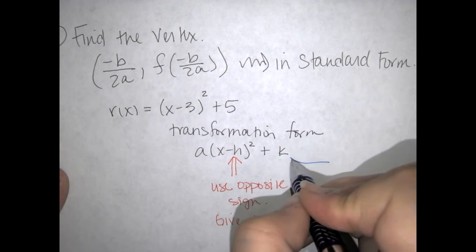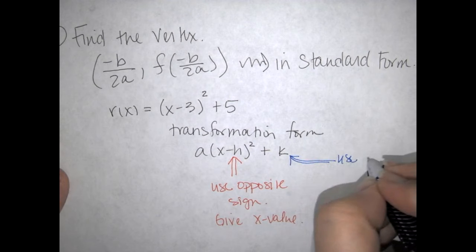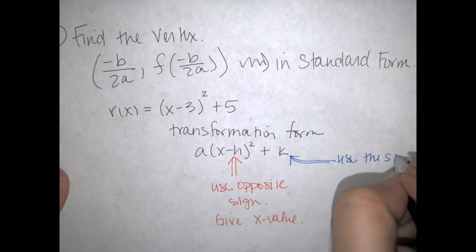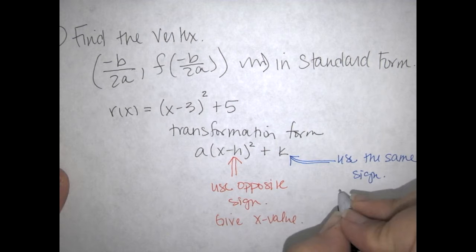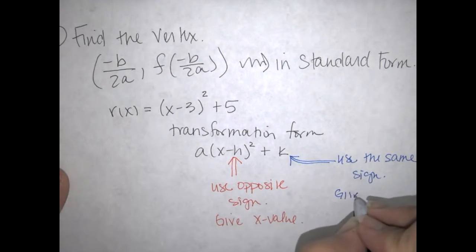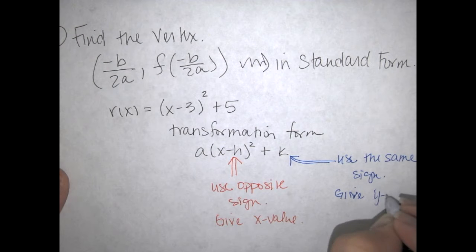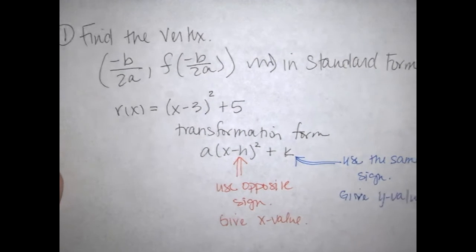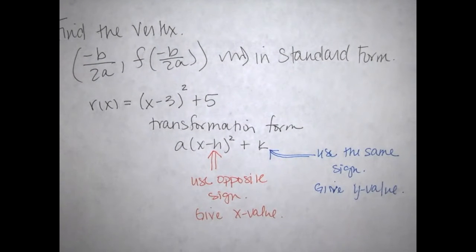Furthermore, this k part here, we are going to use the same sign, and it is going to give the y value. Okay? So that is what the basic of the equation is.